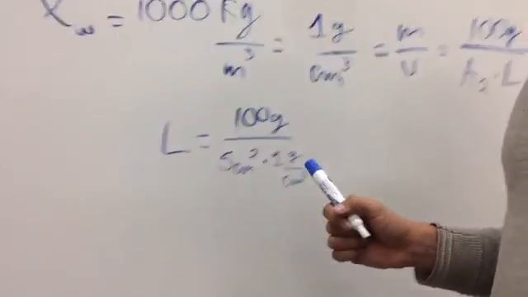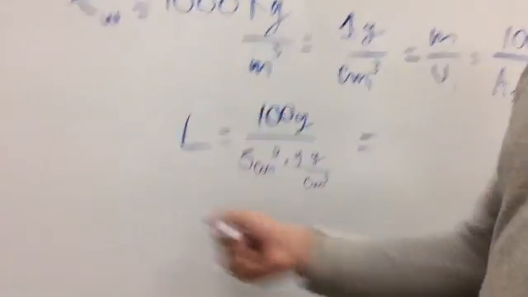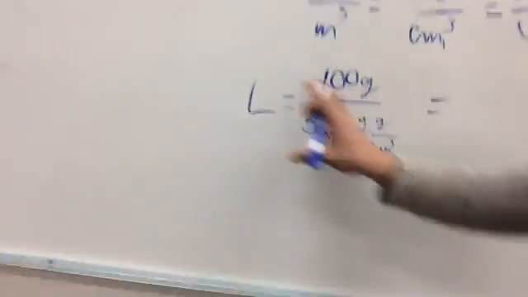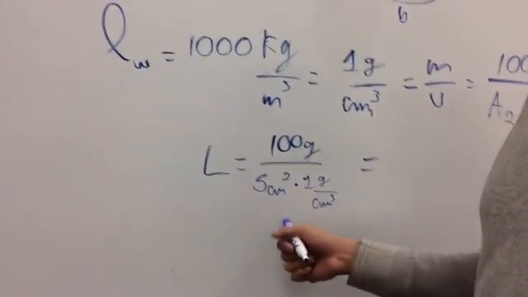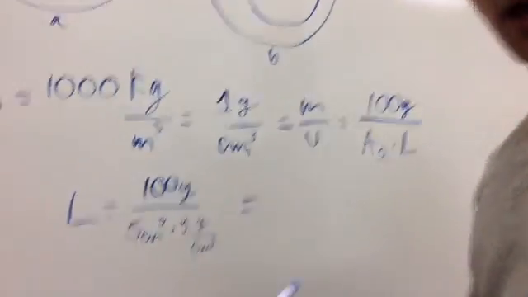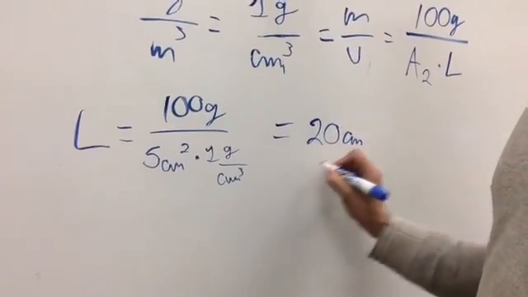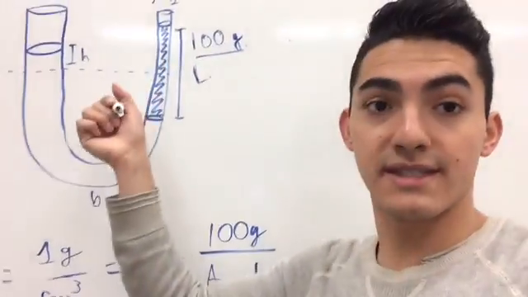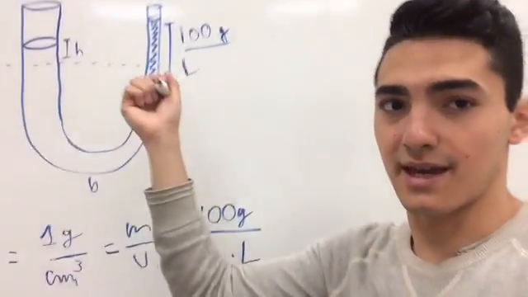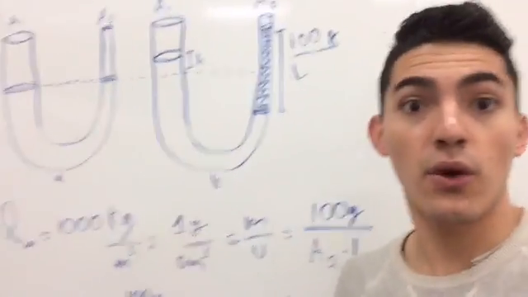Okay? Now, as we solve this equation, we get 20 centimeters as the length of the quantity of water poured inside the tube. Now we have to answer another question.